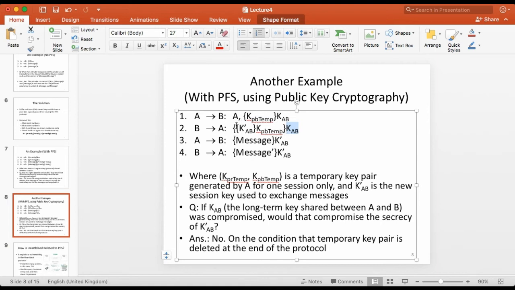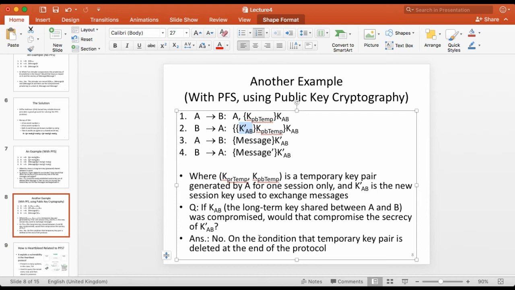But the problem is that you have no way of decrypting the inner part unless you have the temporary private key. It's no use even if you knew the temporary public key from the first message, because in order to decrypt this, you need the temporary private key corresponding to KPB temp. So compromising KAB has no impact on compromising K prime AB.